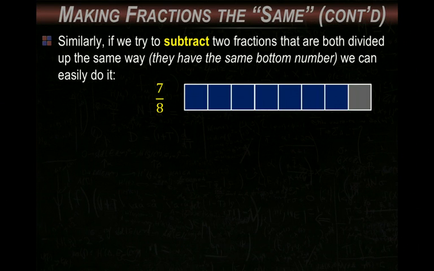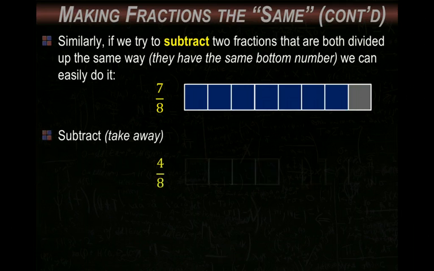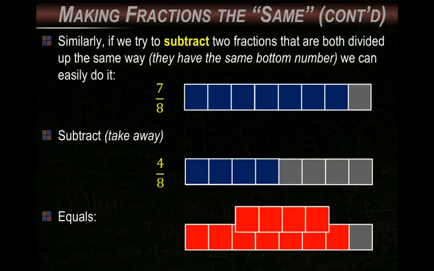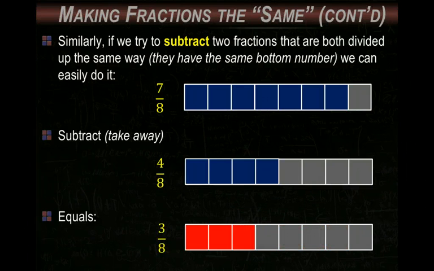If I go, okay, I'm going to give you 7 out of 8 parts. I want you to take away 4 of those 7 out of 8 parts. So the way you would do it is you'd go, well, I take 4 away from the 7, and it leaves me with 3 out of the 8 parts. But this was easier because everything was divided up the same.